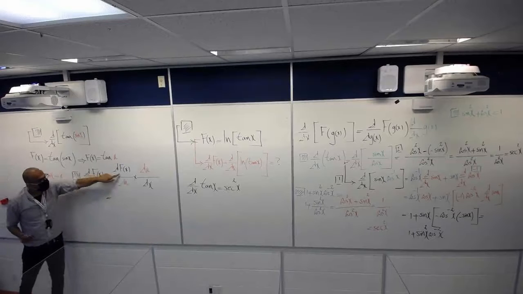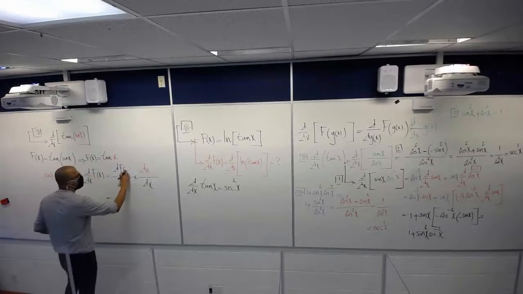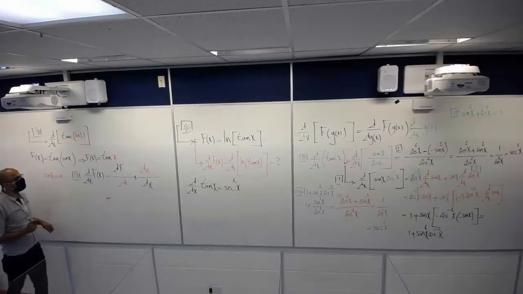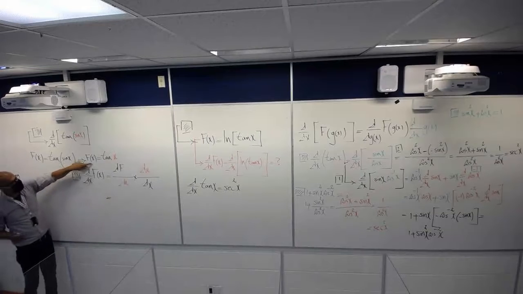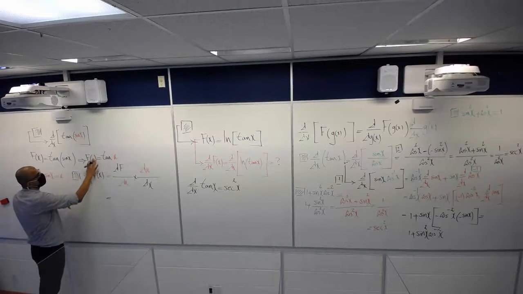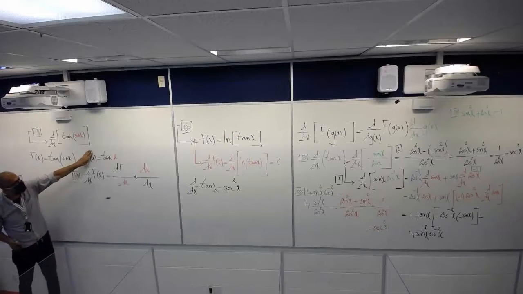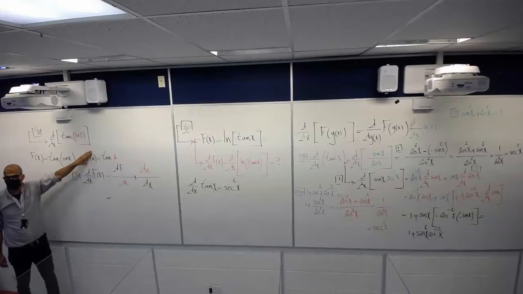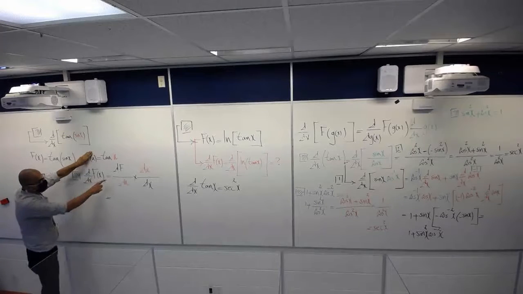What is d of f of x with respect to u? Let me call that d of f. What is f there? You can also call it u, because if you change the x to u, it doesn't matter at all. What is d of f with respect to the changes of u?